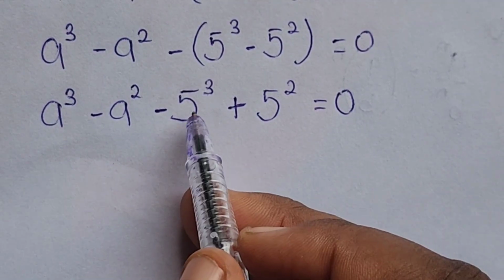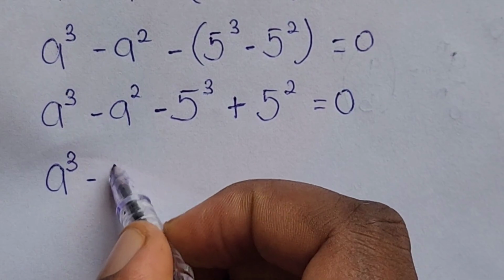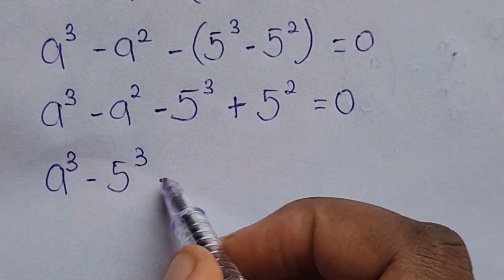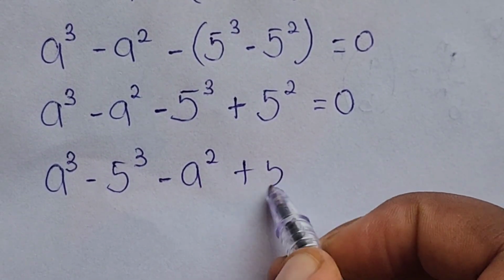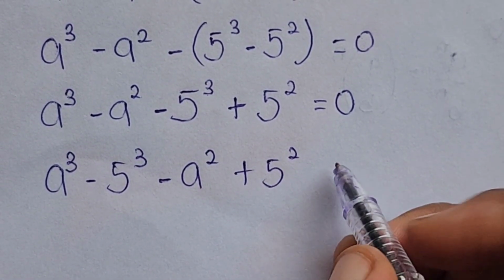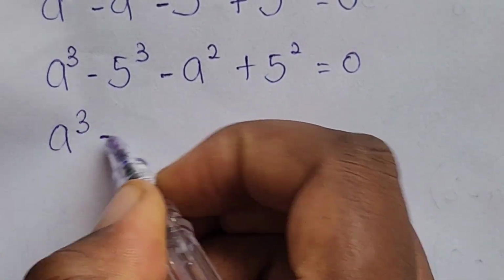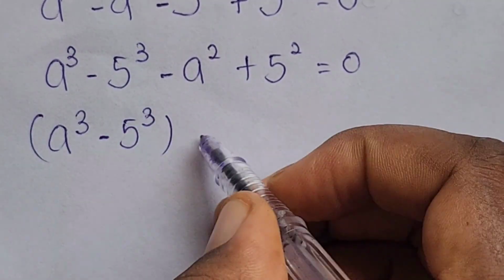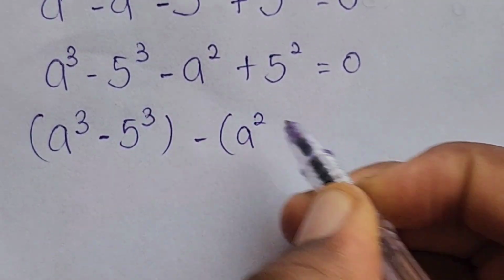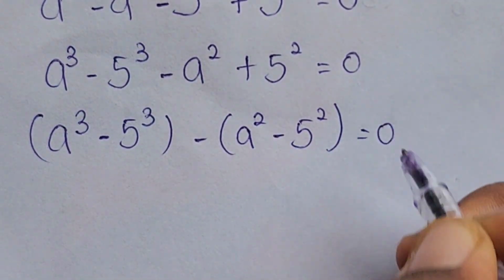So let's group the cubes together: a to the power of 3 minus 5 to the power of 3 minus a to the power of 2 plus 5 to the power of 2, and is equal to 0. So we have a cubed minus 5 cubed minus a squared minus 5 squared is equal to 0.